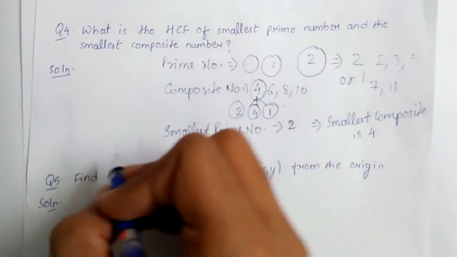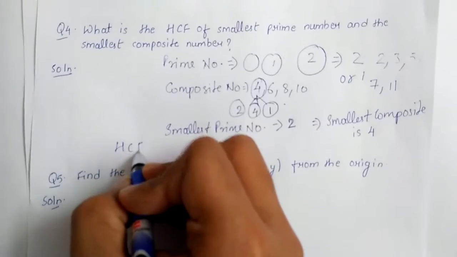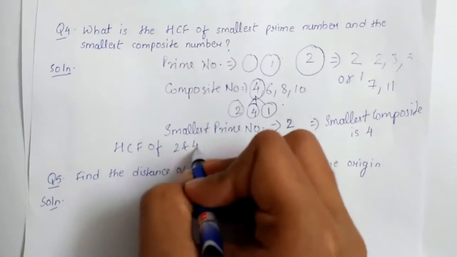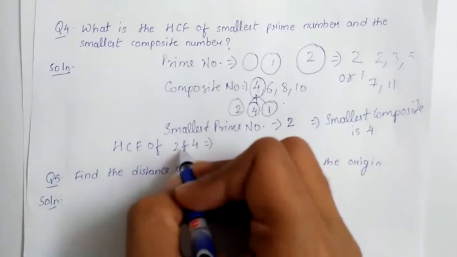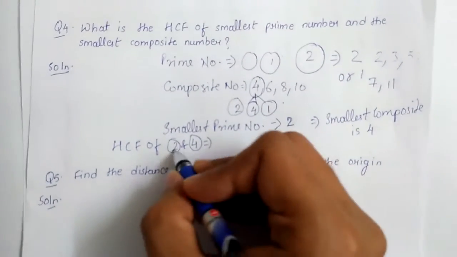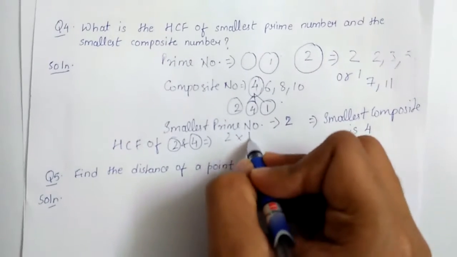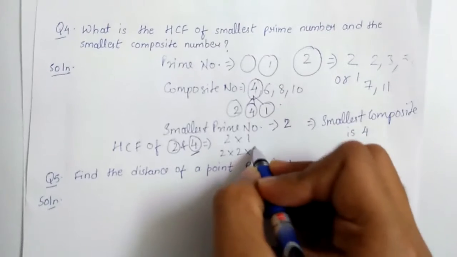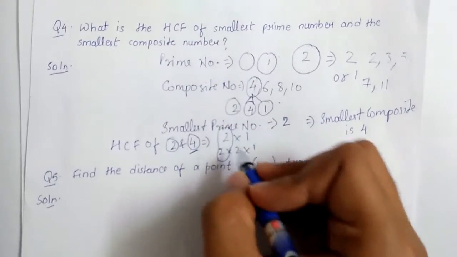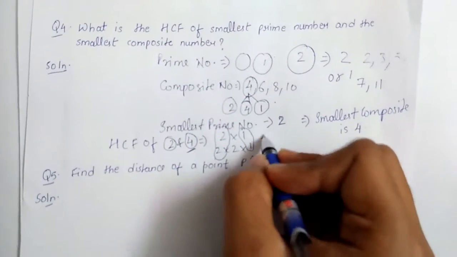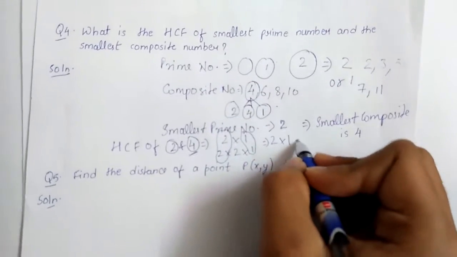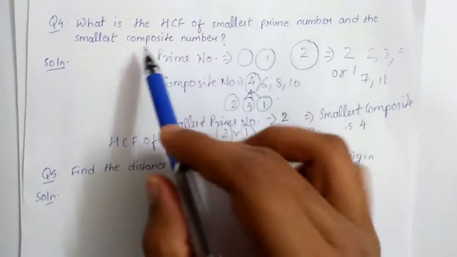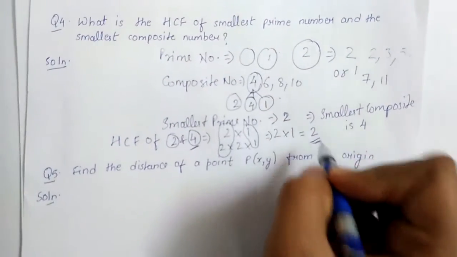So we need to find the HCF of 2 and 4. HCF is the highest common factor. The factors of 2 are 2 and 1. The factors of 4 are 2 into 2 into 1. What is common is 2 as well as 1. So the HCF of the smallest prime number and the smallest composite number is 2.